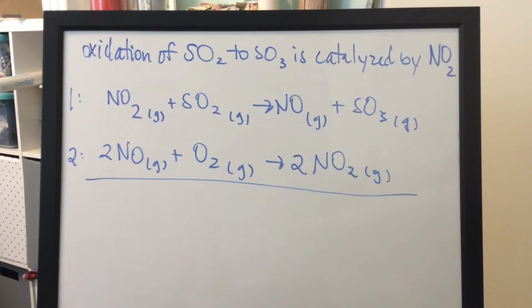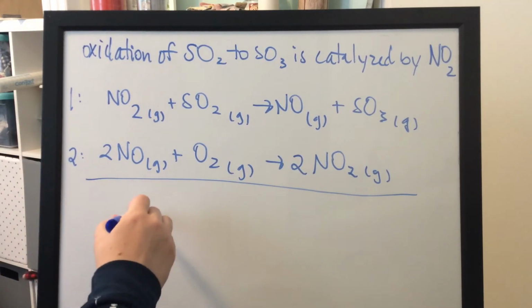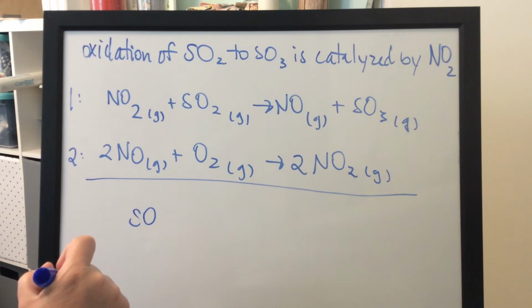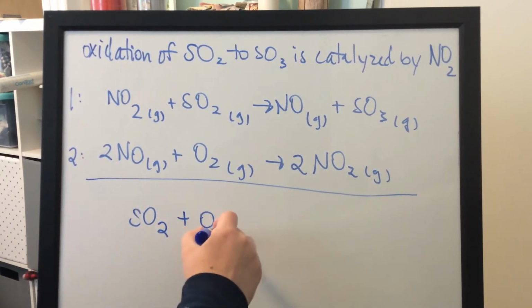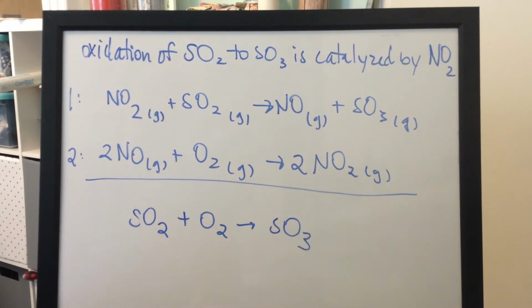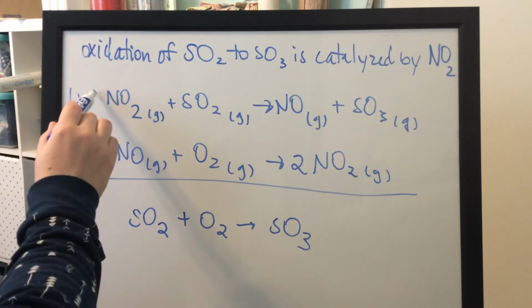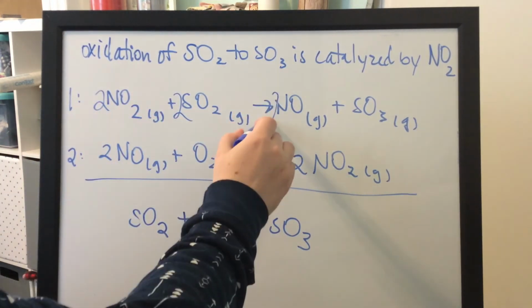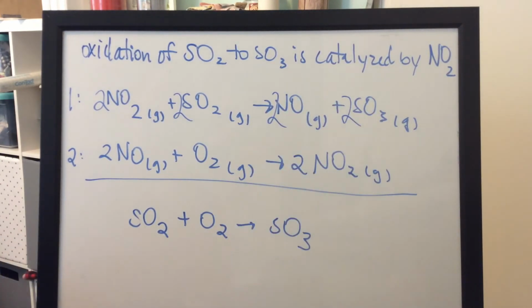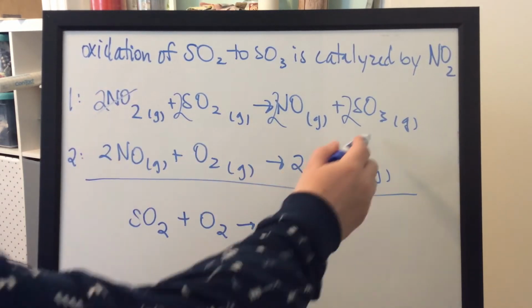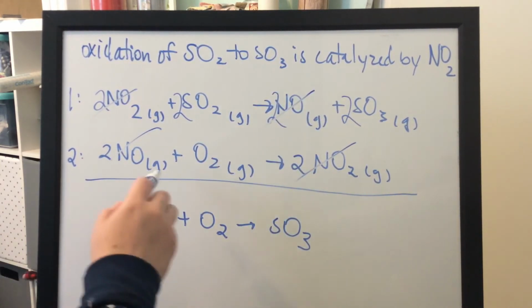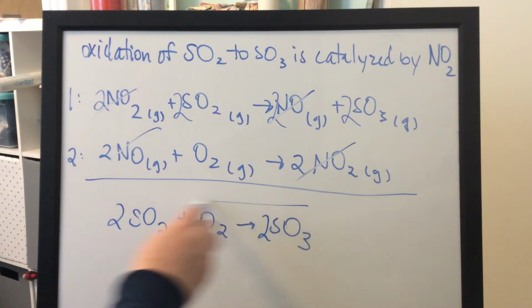Oh, okay, so I would need to, in this case, my ultimate reaction, I probably should have told you this, is we're just looking for the conversion of SO2 with O2 to SO3. And so I would need to double my first reaction, so that then I can cancel out a few things. The NO2s would cancel, the NOs would cancel, leaving me with two SO2s and two SO3s, and then this would be my reaction.